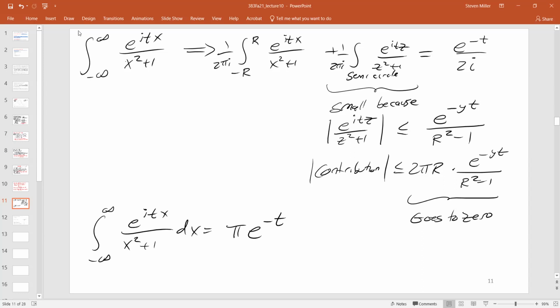So the first thing you should do is check, is this reasonable? Can you think of any checks to do to see if this is reasonable? Yes. See what happens when t is equal to 0? So you could try when t equals 0. Excellent. So 1, if t equals 0, we get pi. That's good. We know the integral of 1 over x squared plus 1 is pi.